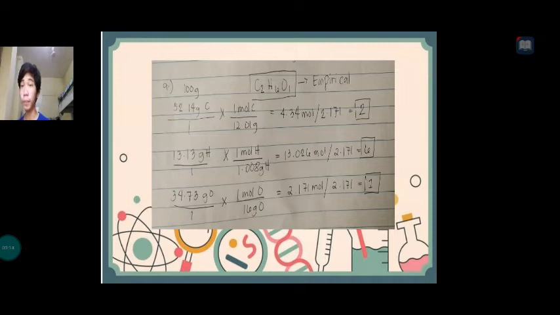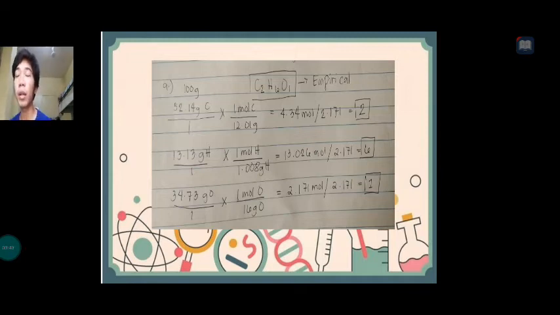Then to divide, we get the smallest number, which is for the oxygen, 2.171 moles, and we use it to divide. So 4.34 moles divided by 2.171 equals 2.